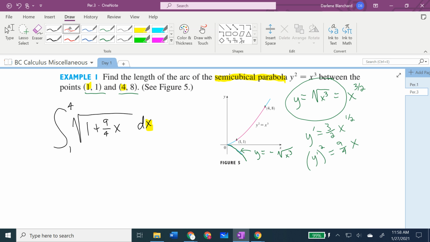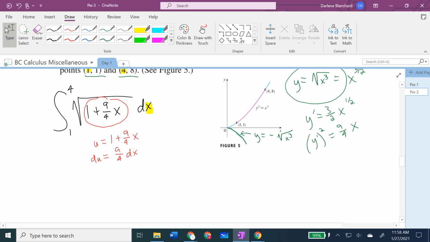It's more important to be accurate than to be quick. And hopefully everyone sees that we want our u to be the expression under the square root. And hopefully you are beginning to recognize that you can just multiply by 4/9.